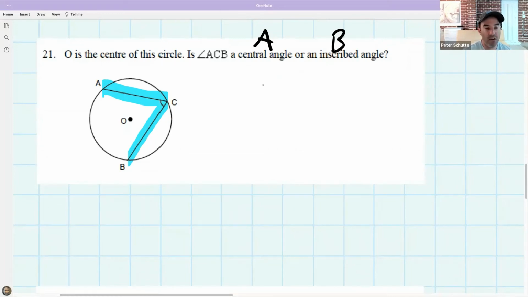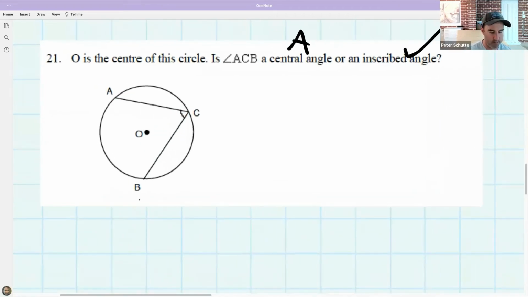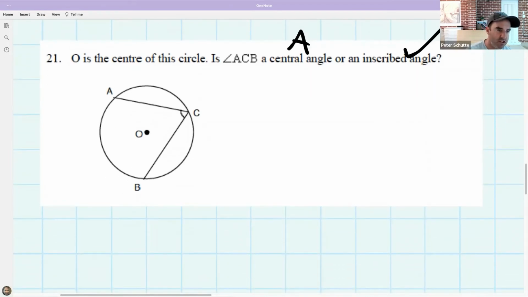Okay, so the answer to this question is going to be B. B is the correct answer, because a central angle has to be at the center. To show you what that looks like, let me get a different color, blue. If I start at A and I start at B, and I draw my lines to here, I'm not forming my angle at the center of the circle.